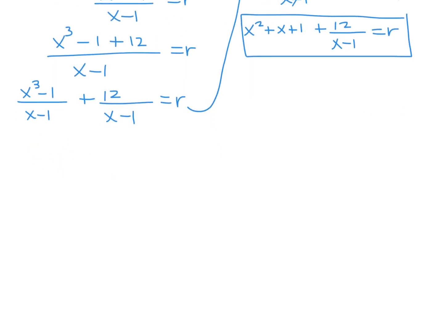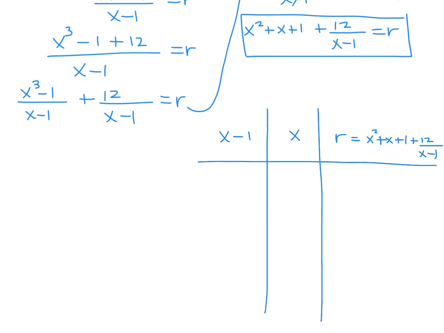So we've got to make a little table here. So we got x minus 1, and then what is x, and then what is r, which is x squared plus x plus 1 plus 12 over x minus 1. Okay, so here we go.